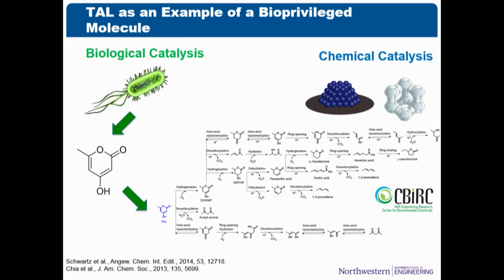So we had a lot of history in CBERC, which was a NSF ERC that Brent directed, where they actually came up with some bioprivileged molecules. But it took a long time. That is, they kind of almost, and Brent will admit, serendipitously stumbled upon this triacetic acid lactone, TAL, as a bioprivileged molecule.